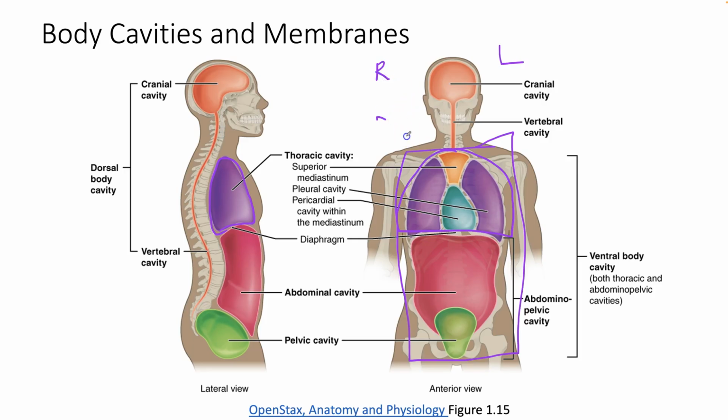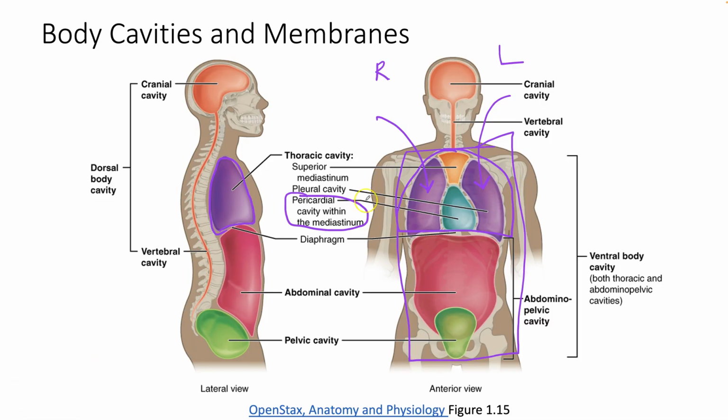So this cavity here would be the right pleural cavity, and this one would be the left pleural cavity. In between the two pleural cavities, shown in that teal color, we see the pericardial cavity, or the pericardium.